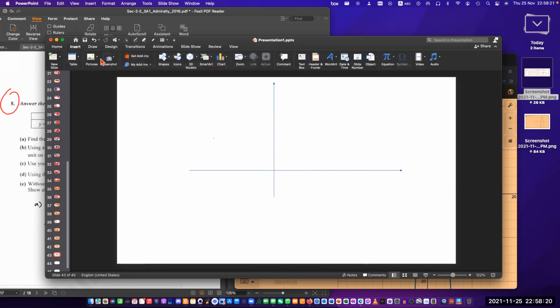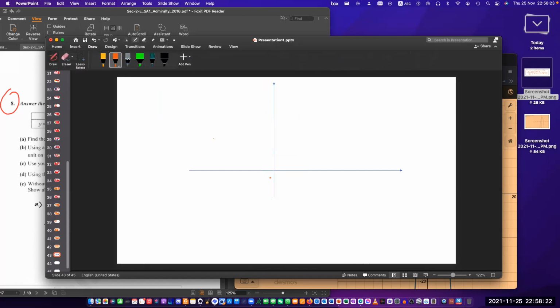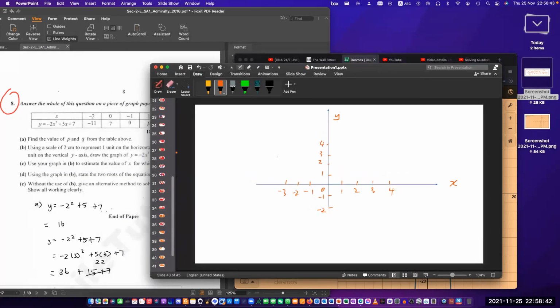And then of course, you need to draw your scale, like this is 1 unit, 2 units, 3 units, 4 units, and this is -1, -2, -3, and this is 1, this is 2, this is 3, this is 4, this is the y-axis, this is the x-axis. Okay. So once you have this scale already, you just plot the points.